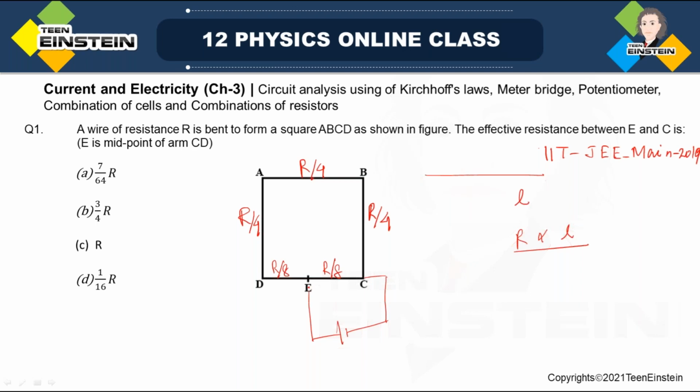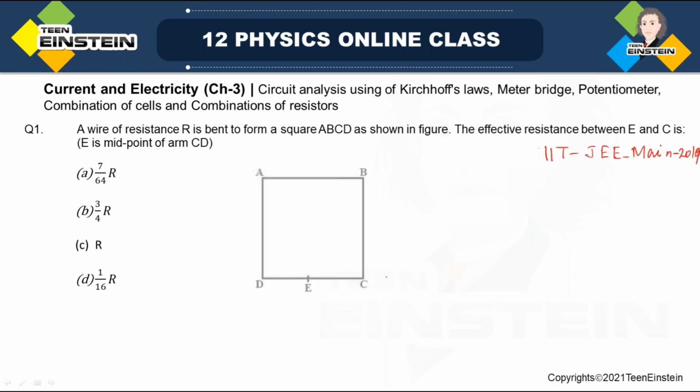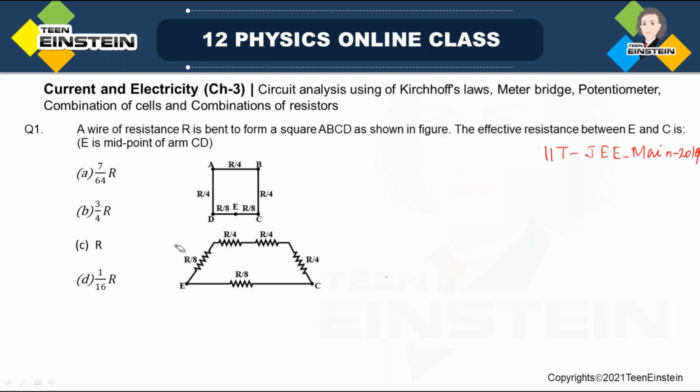Okay, now you have to find out the effective resistance between these 2 points. Look, always what we have to do, we have to try to draw an equivalent circuit for this particular arrangement. Then we'll try to do the calculation. So look, this figure, the equivalent figure can be this one.